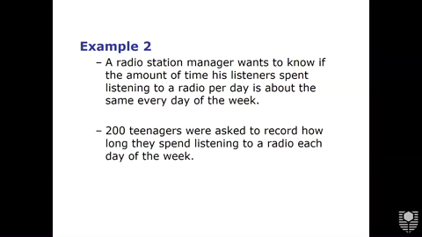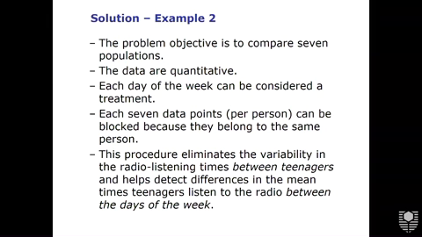So directly, see how to explain the question. The problem objective is to compare 7 populations, 7 treatments. The data is quantitative because it is 20 minutes, 70 minutes, 30 minutes, 0 minutes.